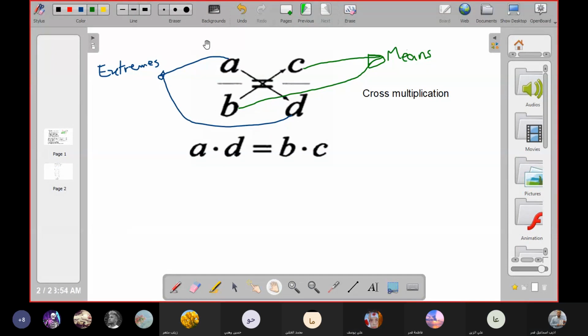Extremes. Extremes. Ali Shahla, what do we call B and C? Means. Means. So the cross multiplication process is extreme times extreme equal mean times mean, which are A times D equal B times C.